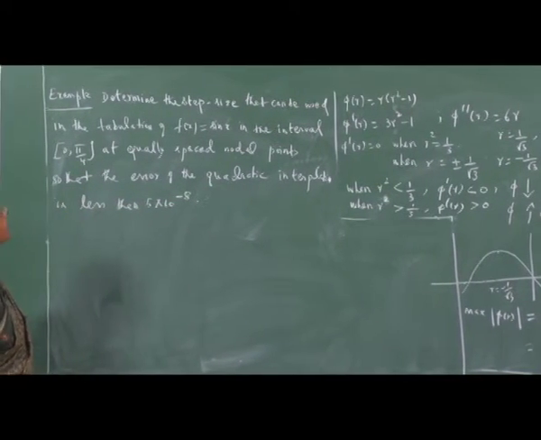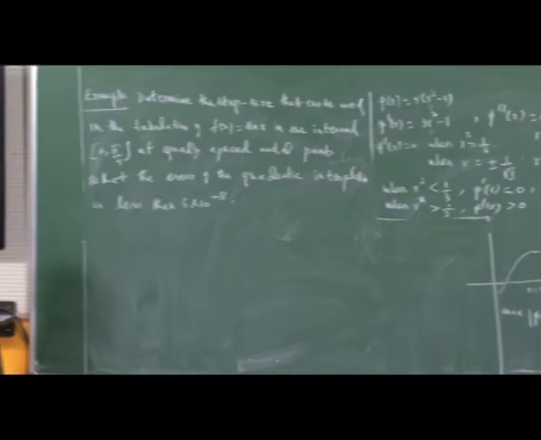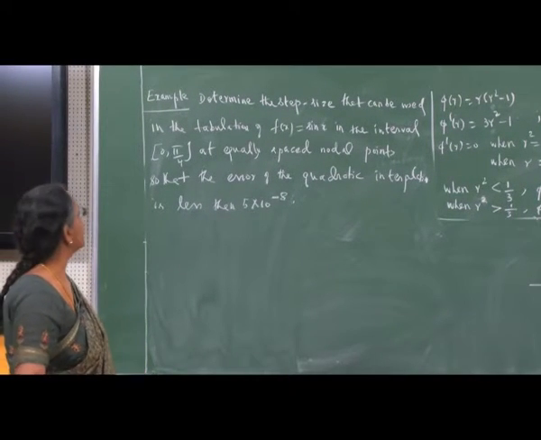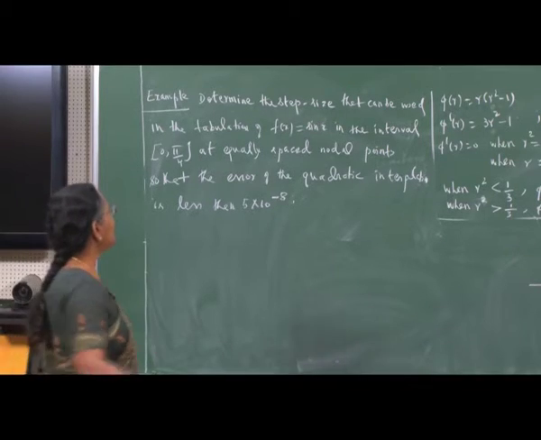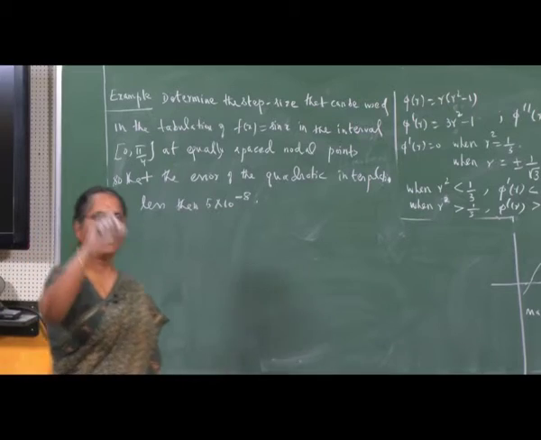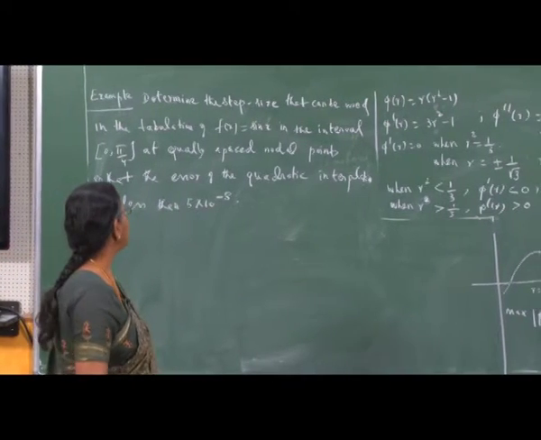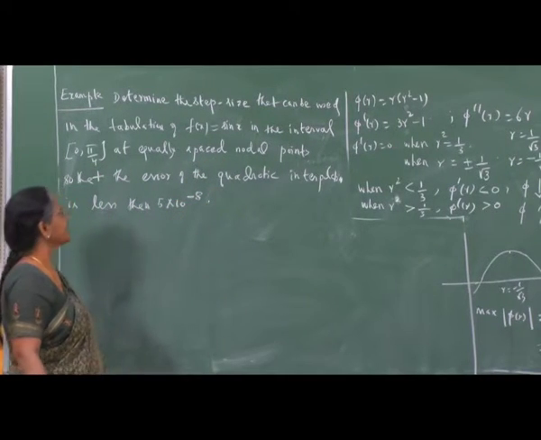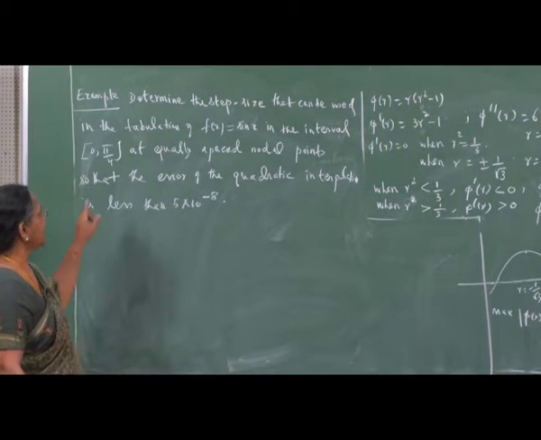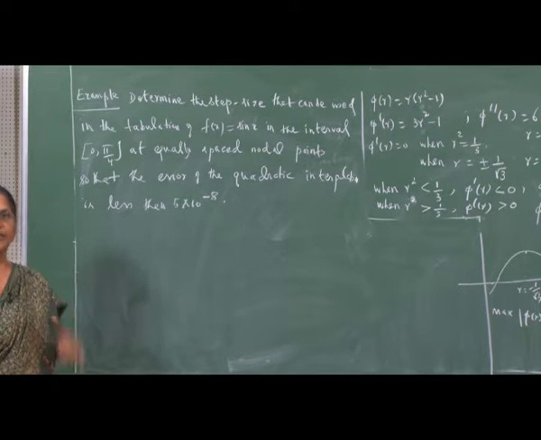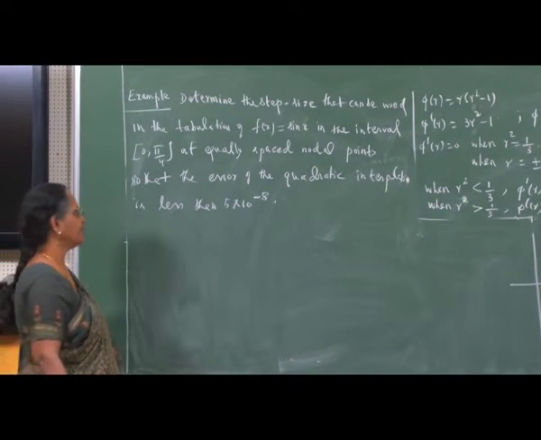The question is, obtain the step size h that can be used to tabulate the values of the function f of x is equal to sin x in the interval 0 to pi by 4 at equally spaced nodal points, so that the error of the quadratic interpolation is less than 5 into 10 to the minus 8.